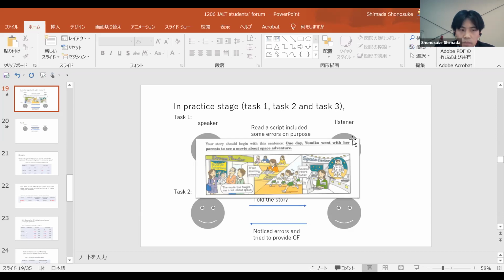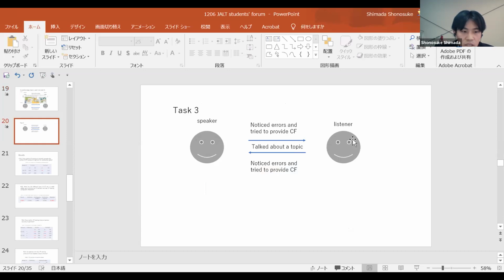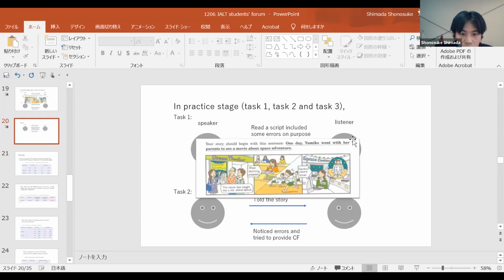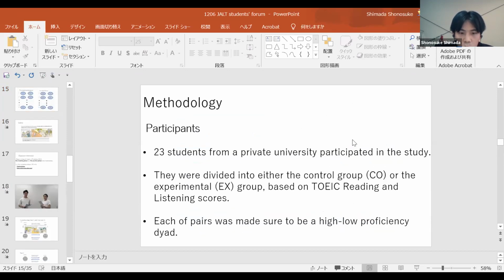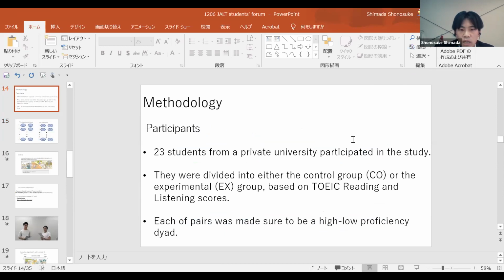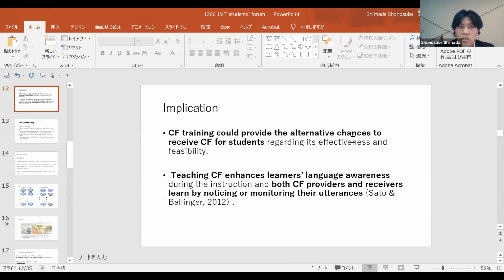And as I said, one previous study showed that students want to be corrected by teachers. So I think teachers also need to know how much students want to be corrected.